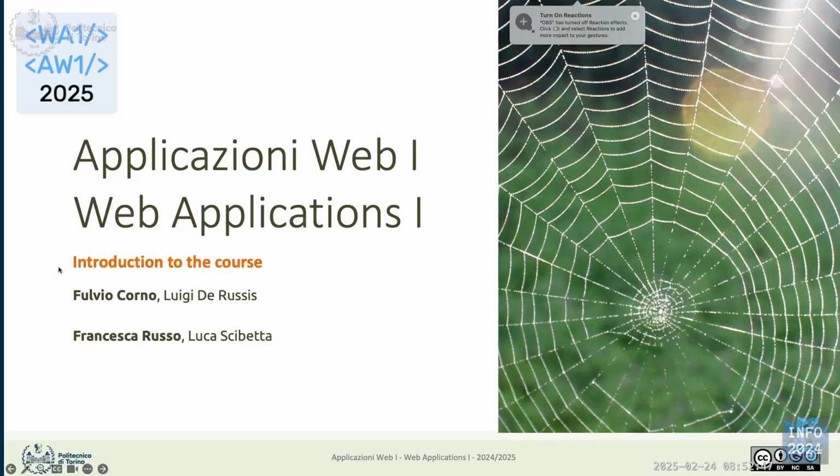In the Italian course, the main teachers are Luigi De Russis and Luca Scibetta, who is the assistant. So basically, all the material except this first class is totally aligned between the two courses.